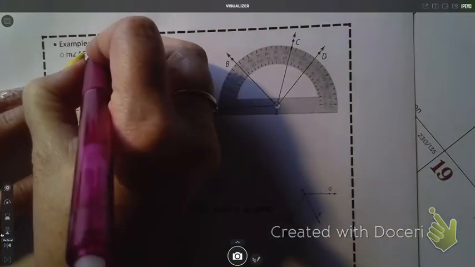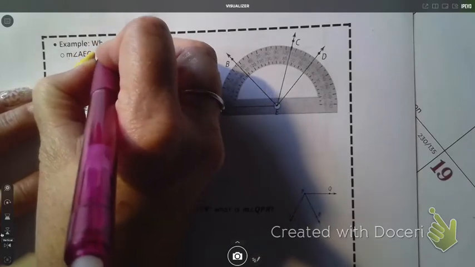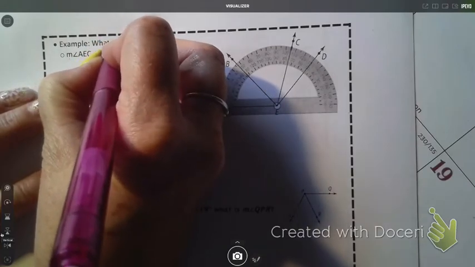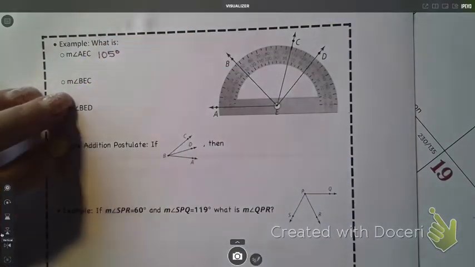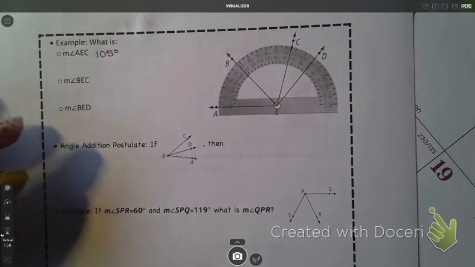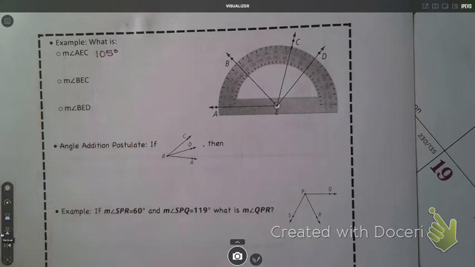So I write 105 what? Degrees. That little circle will bite you every time. If you don't put it there, it's half a point gone. Is degree a unit? Yes. It is not a temperature degree. It's a degree of an angle. So don't put Fahrenheit. I had somebody a couple years ago who did. It's not a temperature.